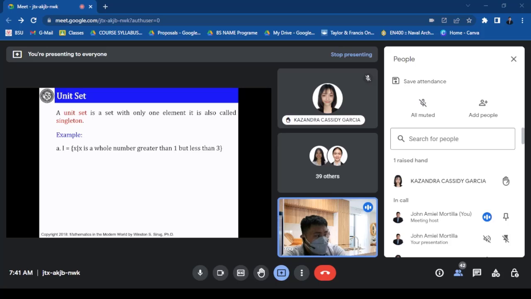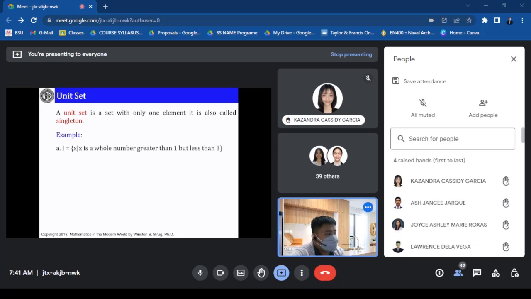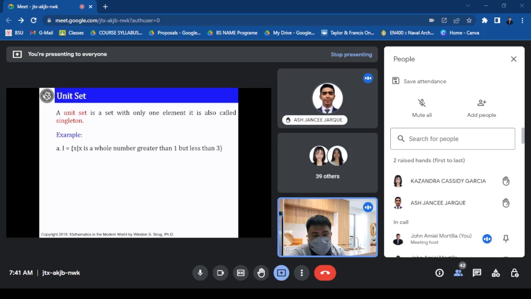So, if very specific yung ating set, so, for example, we have I, x such that x is a whole number greater than 1 but less than 3. Okay, so, what is the answer? Okay, Ash. 2 po, sir. Yes, sagot kayo ng letter A is 2. So, yeah, pag nakakita tayo ng ganito, this is a singleton.